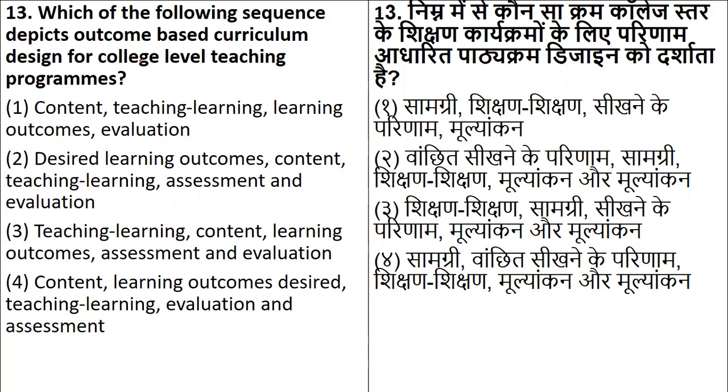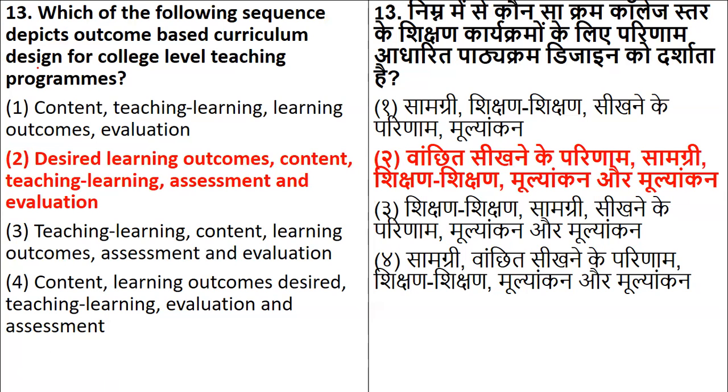So whether it is content, teaching, learning outcome, evaluation; desired learning outcome, content, teaching, learning, assessment and evaluation; teaching, learning, content, learning outcome, assessment and evaluation; or content, learning outcome, desired teaching, learning, evaluation and assessment. So you have to find out the right sequence for college level teaching programs.